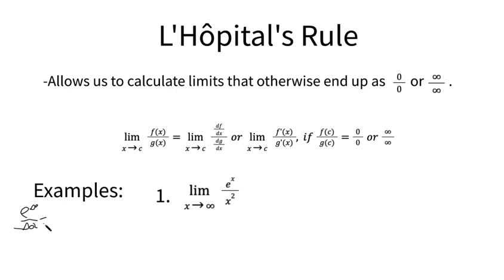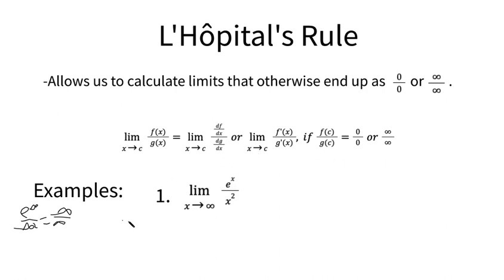And e to the infinity is just infinity, and infinity squared is just infinity. This is infinity over infinity, and that is one of our conditions here, so this rule applies.